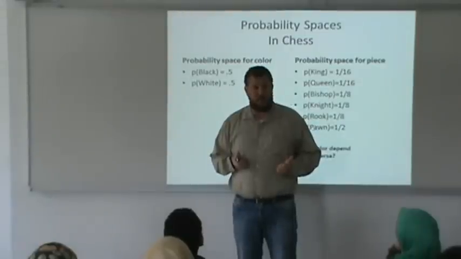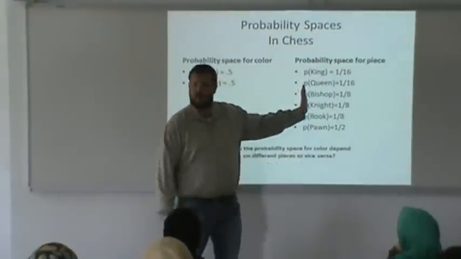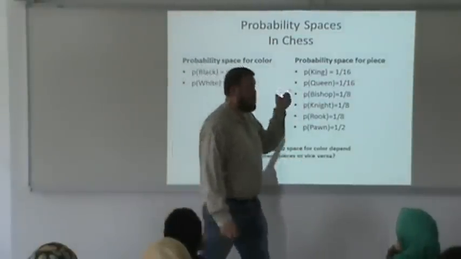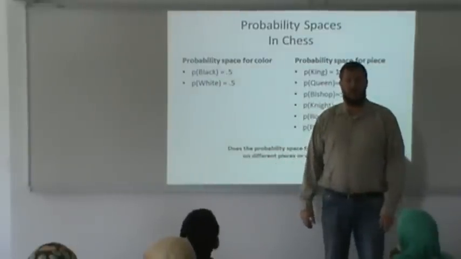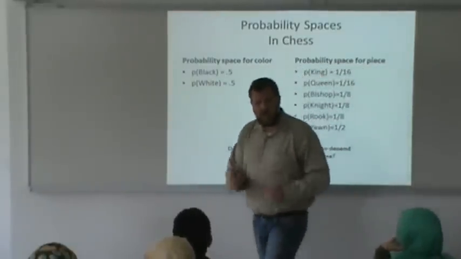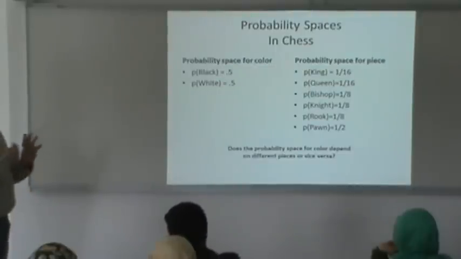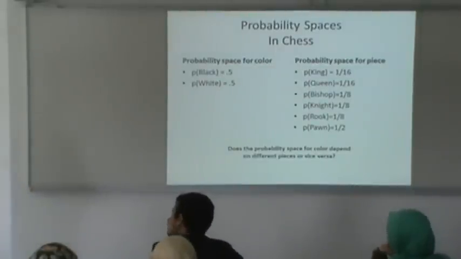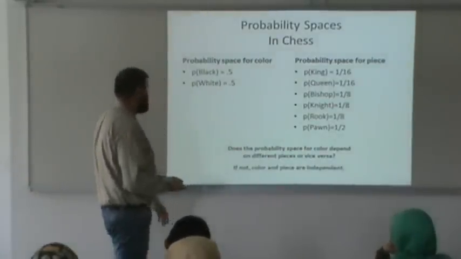If we have a white piece, does that change our probability space for pieces? If we have a queen, does that change our probability space for color? If it does change the probability space, then we know that these different outcomes are not independent of one another. Does that make sense? If not, color and piece are independent.